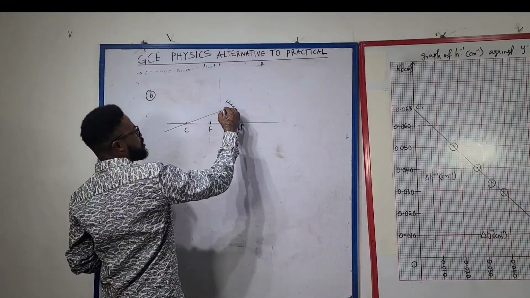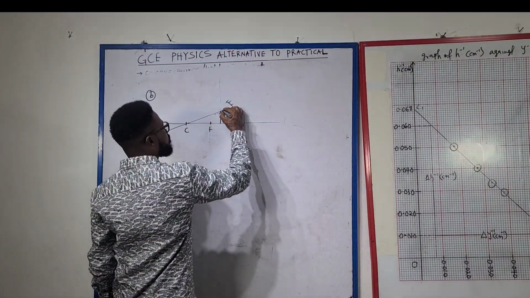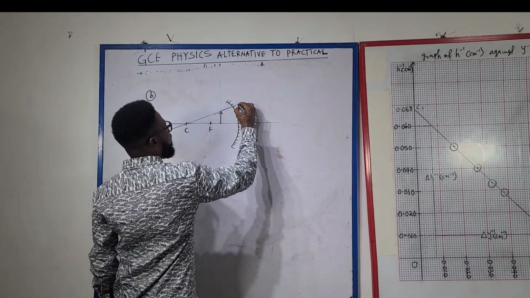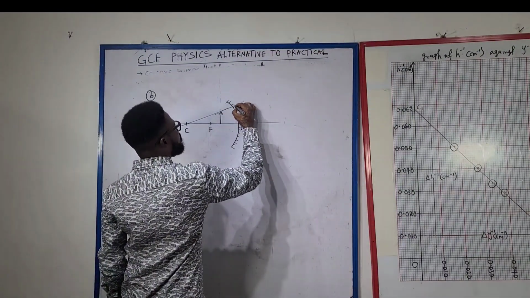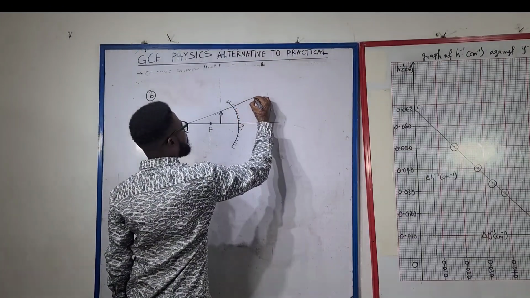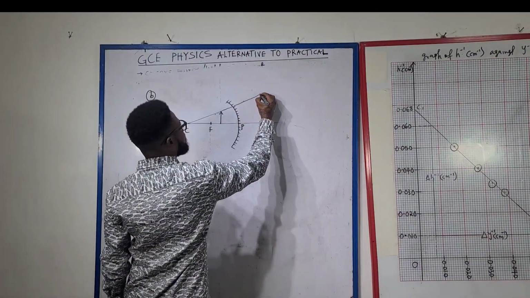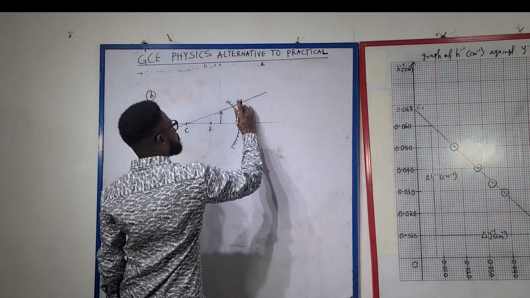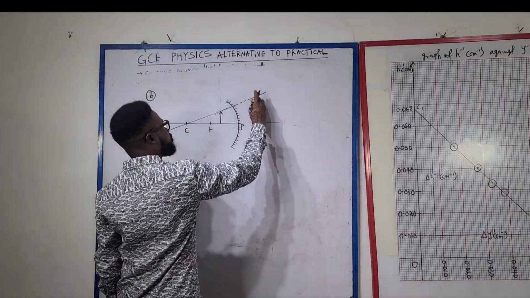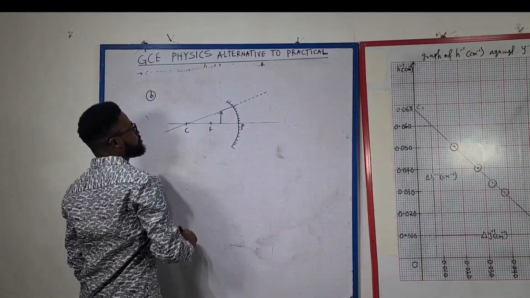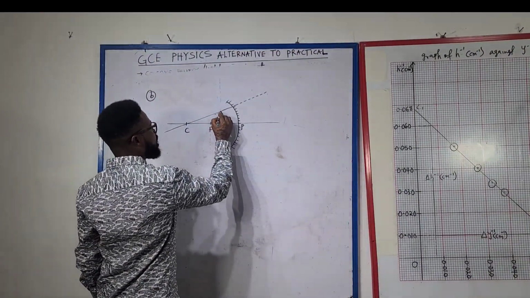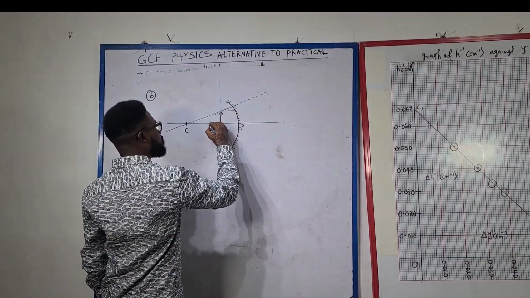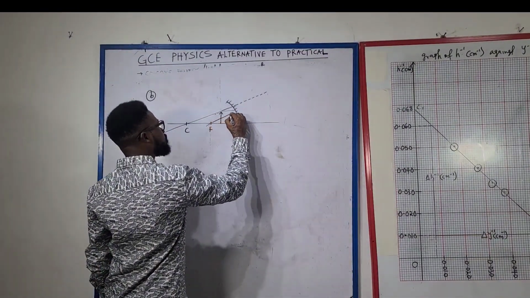When you're drawing, try to make use of your ruler. The ray strikes the mirror, and behind the mirror we talk about extrapolated lines, so I could make that a broken line. Then it strikes the concave mirror here and comes back through the principal focus.